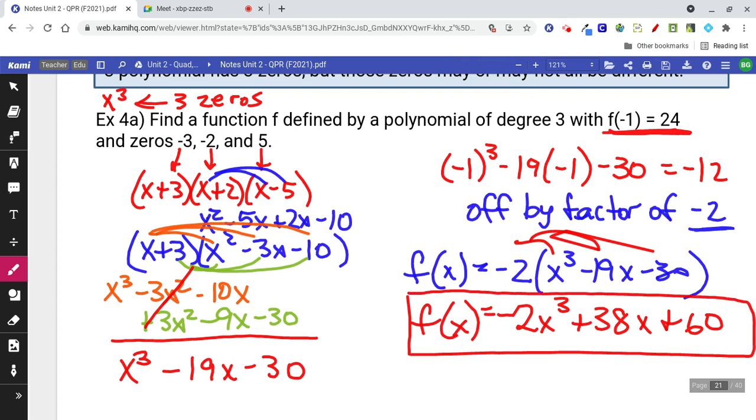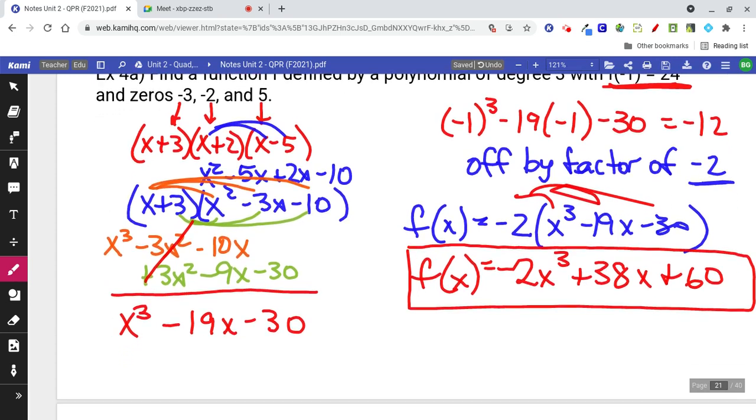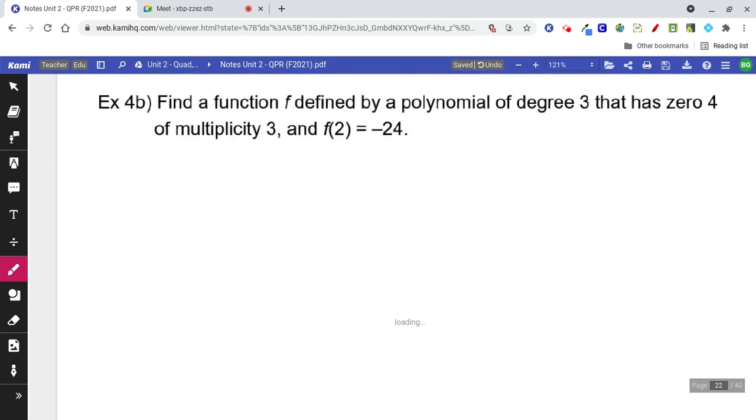Find a function f defined by polynomial of degree 3 with f of negative 1 equals 24. If you plug in negative 1 right now, you're going to get 24. Guaranteed. Okay, let's go ahead and finish this one up.